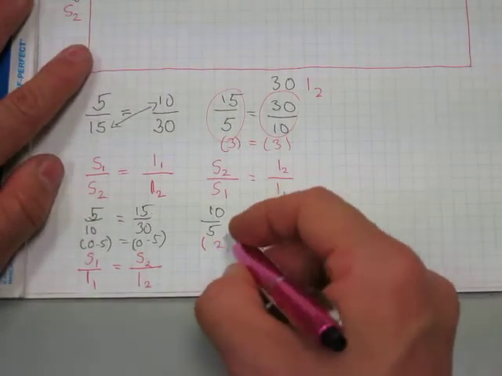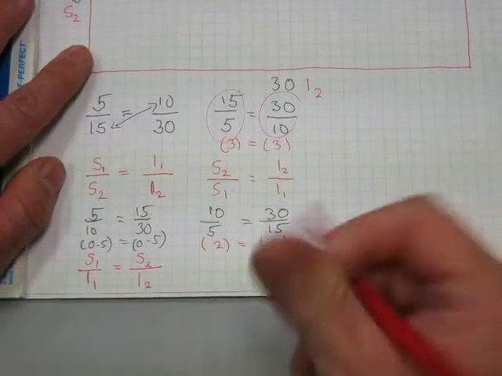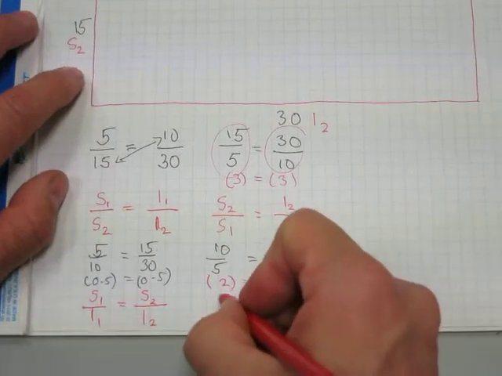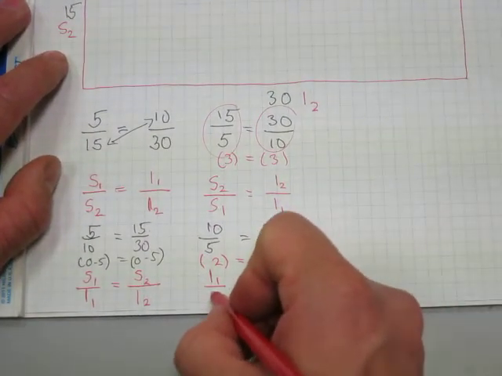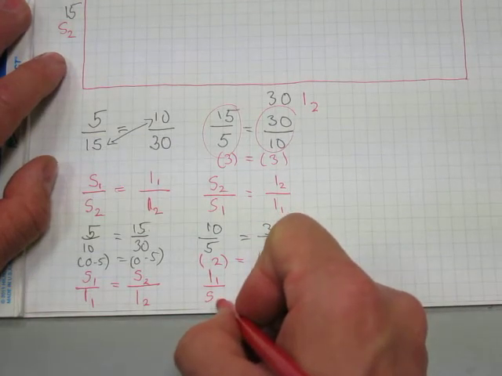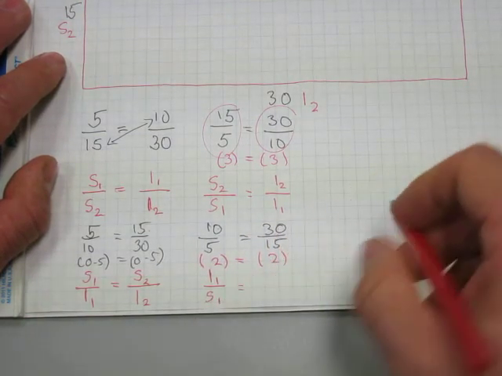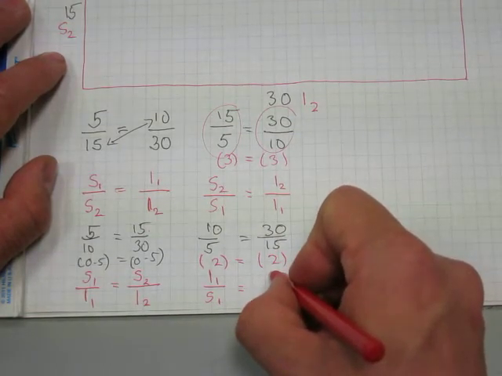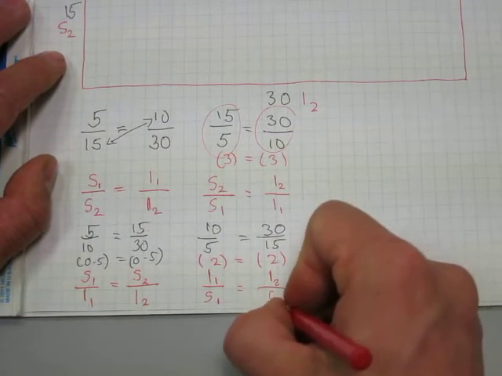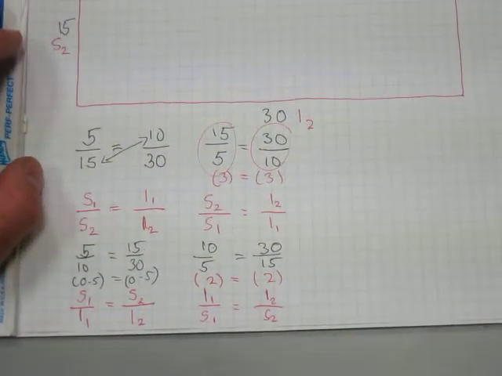and in this format they are: the 10 is the long side of the first shape, and the 5 is the short side on the first shape, and the 30 is the long side on the second shape, and this is the short side of the second shape.